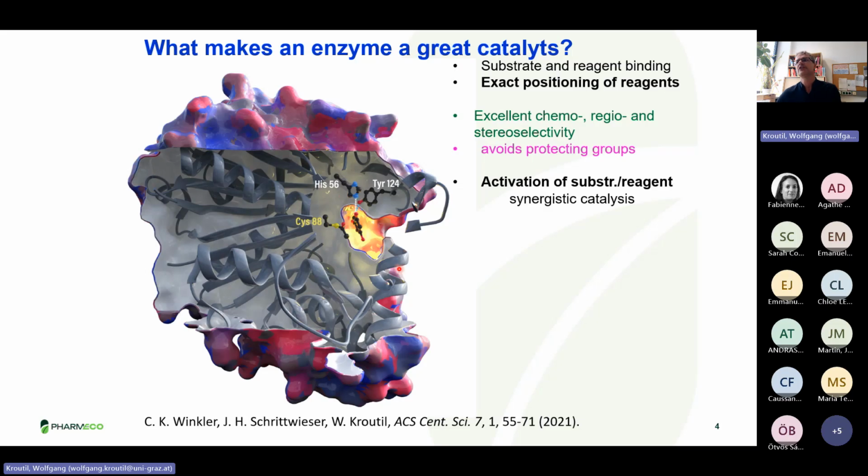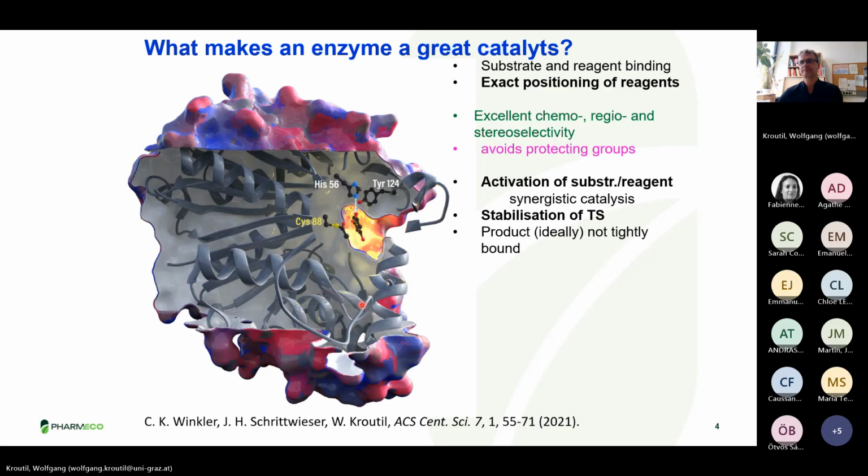So we have this synergistic catalysis. Of course, there are also residues in the active site which stabilize the transition state. But I just want to emphasize, stabilizing the transition state is just one aspect. We have those others, activation of reagent and exact positioning, as other important aspects for an enzyme.